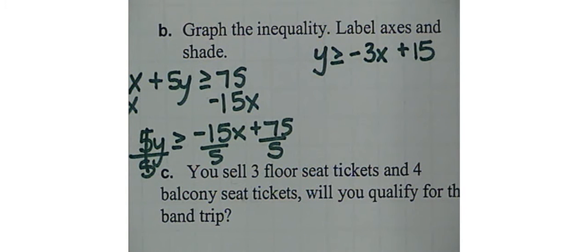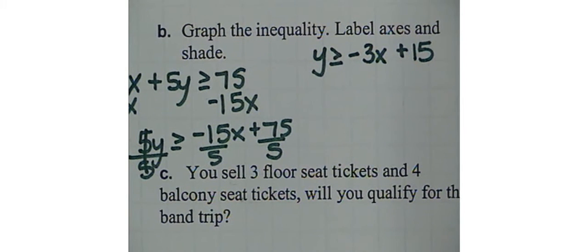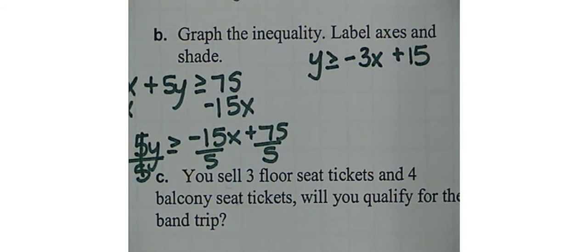So now it's in slope-intercept form. My y-intercept is 15 on my y-axis. My slope is negative 3.